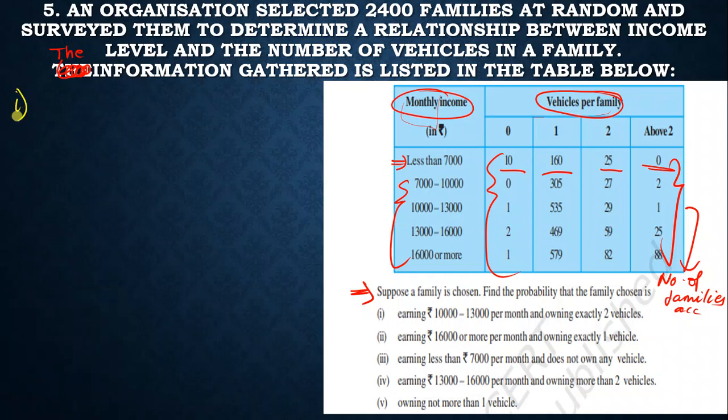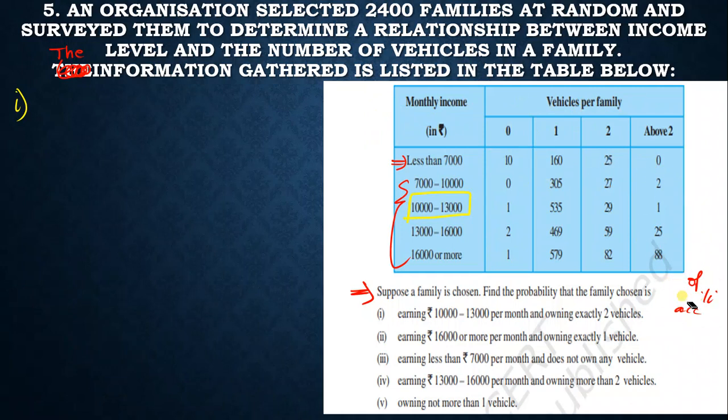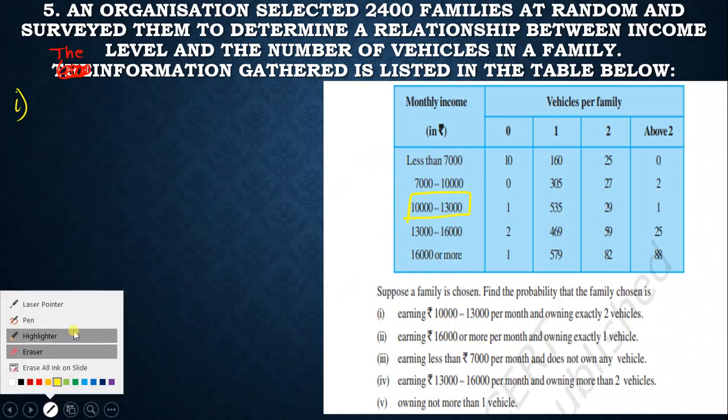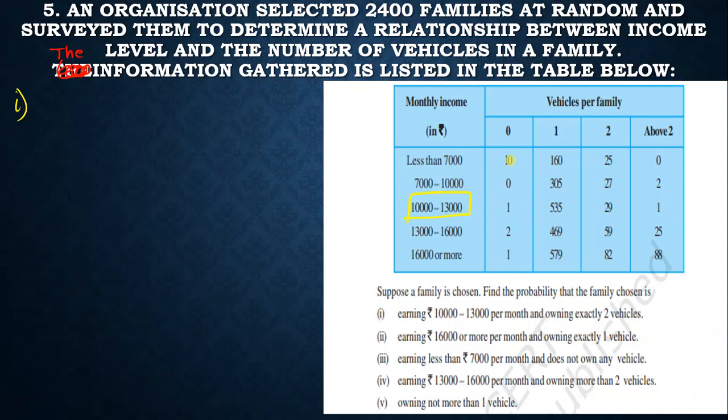So basically earning rupees 10,000 to 13,000 per month, meaning in this category, hold on 1 second, let me just erase it. Now according to the question we have families earning rupees 10,000 to 13,000 per month, and they're owning exactly 2 vehicles, so that will be 29 families.